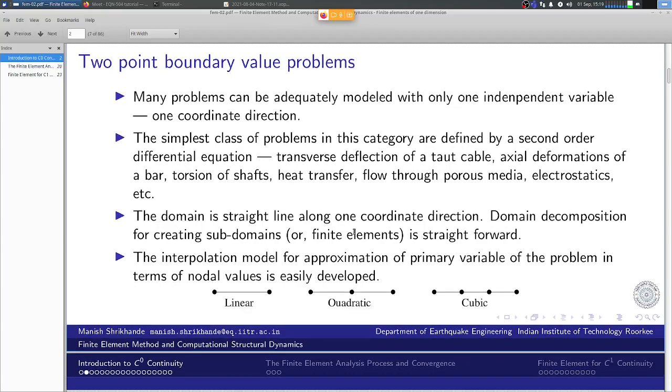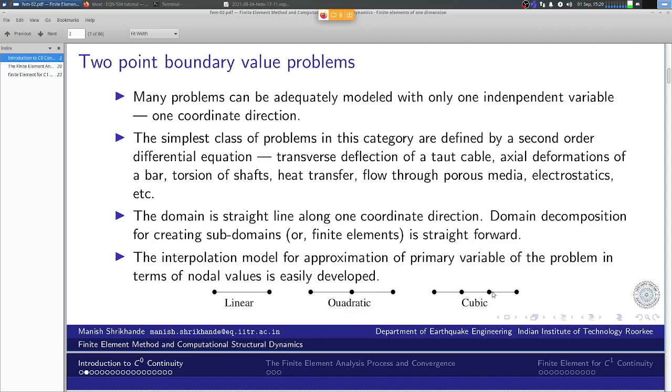So one-dimensional interpolation, I mean, if we have to interpolate between two endpoints, primary variables defined at the 2 endpoints, this is one node and this is another node and this is the domain, then obviously through two nodes, first degree polynomial can be uniquely defined. So this is what we call as linear element. And if we have three nodes, then a unique second degree polynomial can be defined, and that is why we call this as a quadratic element.